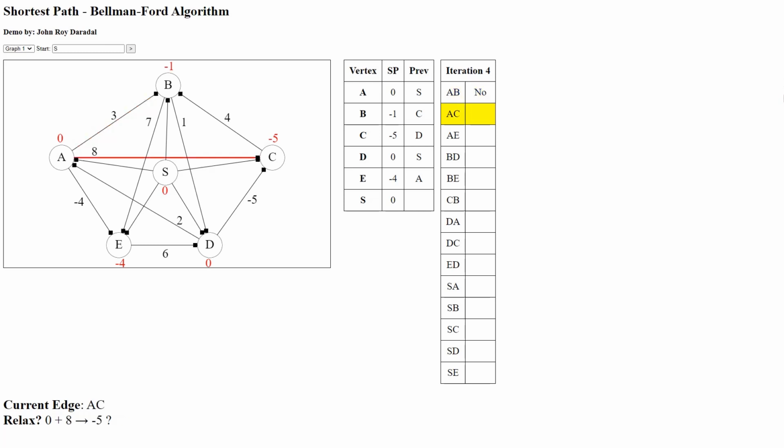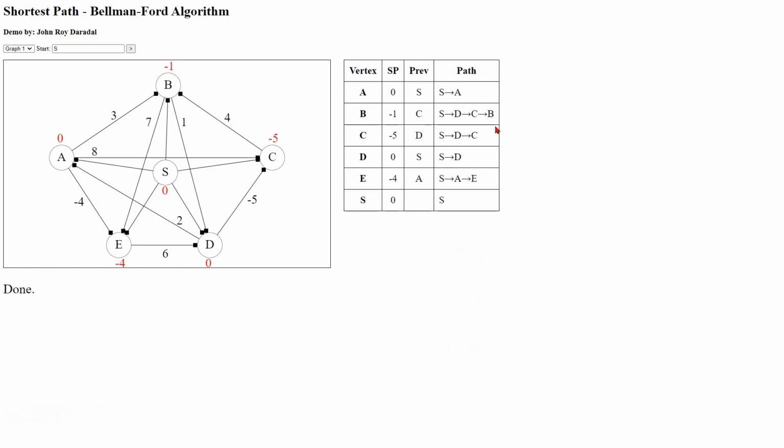AB, no. AC, no. AE, no. BD, no. BE, no. CB, no. DA, no. DC, no. ED, no. SA, no. SB, no. No. No. No. So since we did not relax any edge in this round, we can stop early. Okay? So this is already our shortest paths.